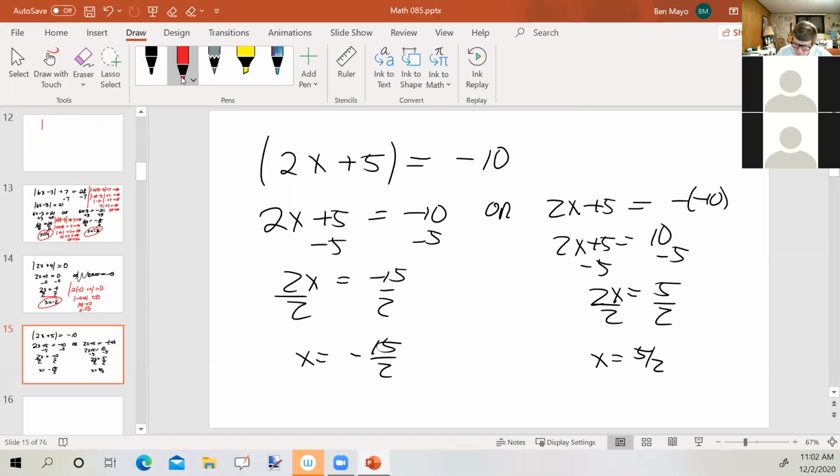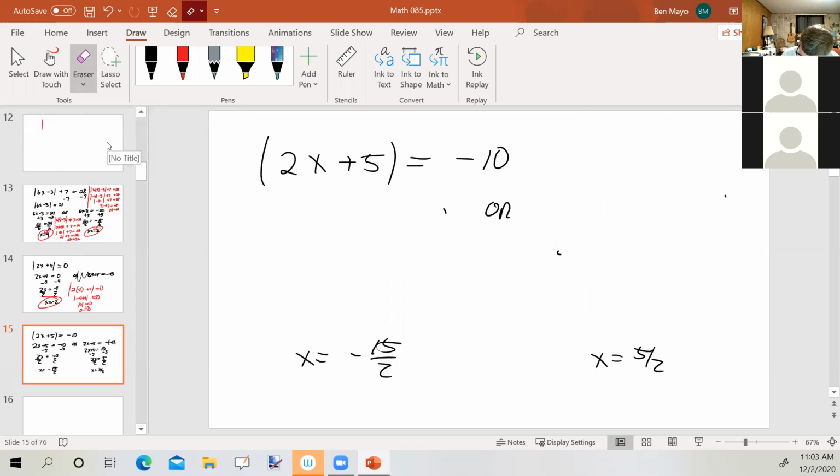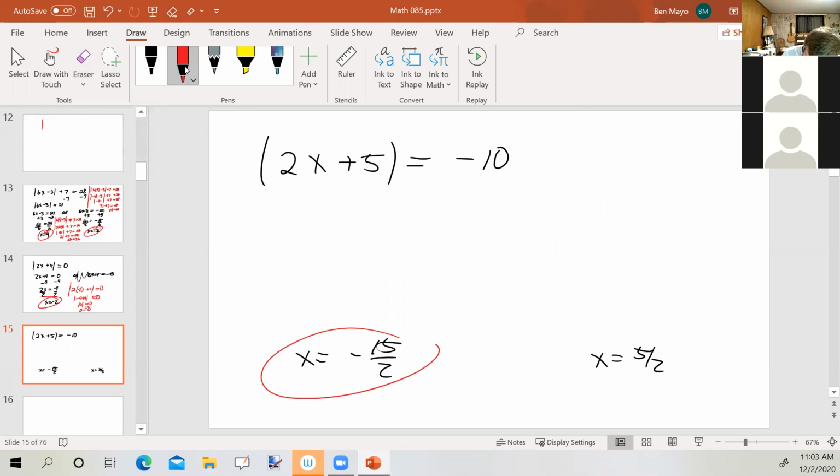However, when we go back to check our work and plug them in, in fact, what I'm going to do here, I'm going to erase this so that I have a place to write without having to cram it all in together. Okay. So if we're going to check this one, we would have the absolute value of 2 times -15 halves plus 5 equals -10.